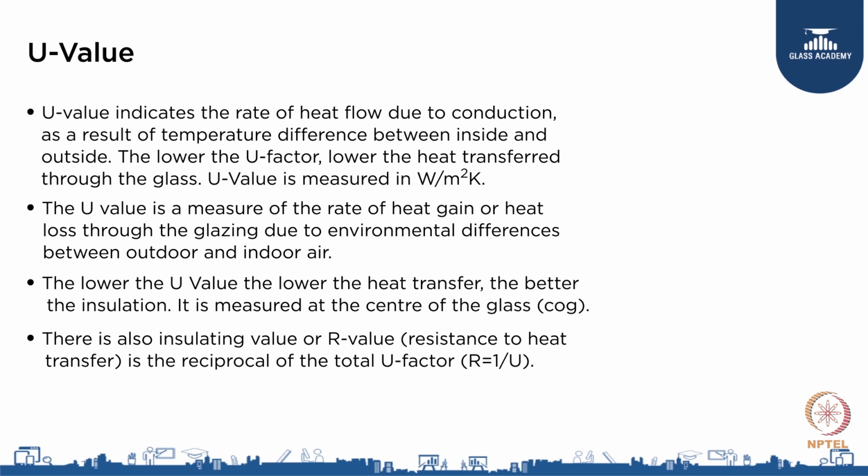We would like to have lower U value so that we get less heat conducted into the building. Again, the U value depends on the number of panes, the type of gas that is filled inside the 2 panes, and other factors. Lower the U value, more insulating is the glass pane or the glass assembly.